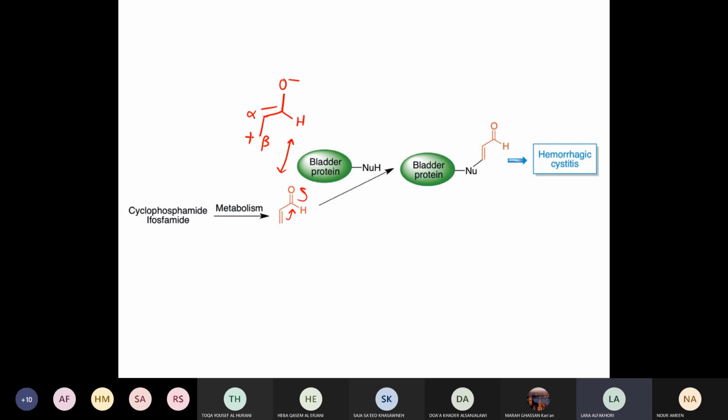Beta carbons are electron deficient. Actually, that's the electrophilic site where addition can happen.